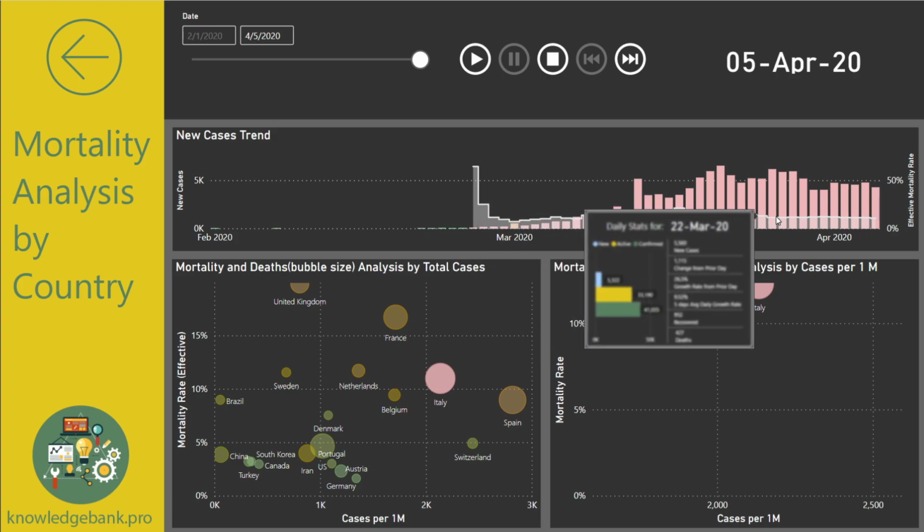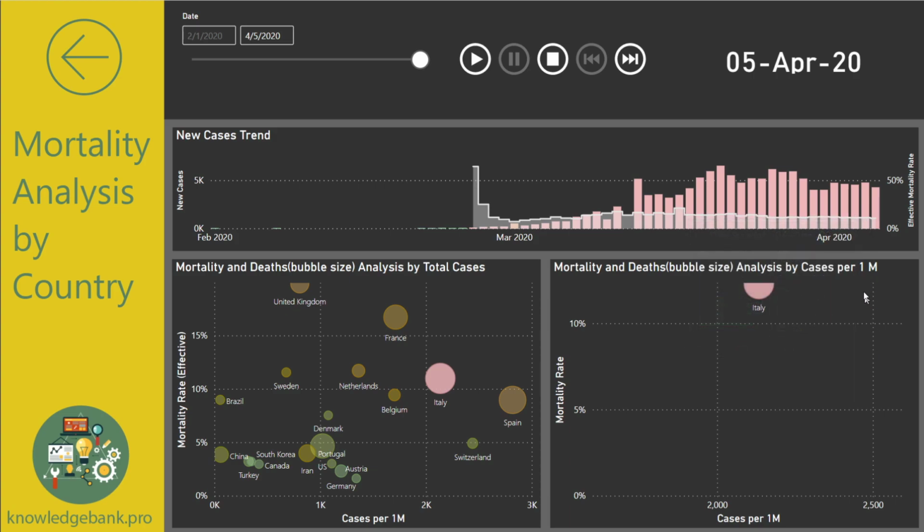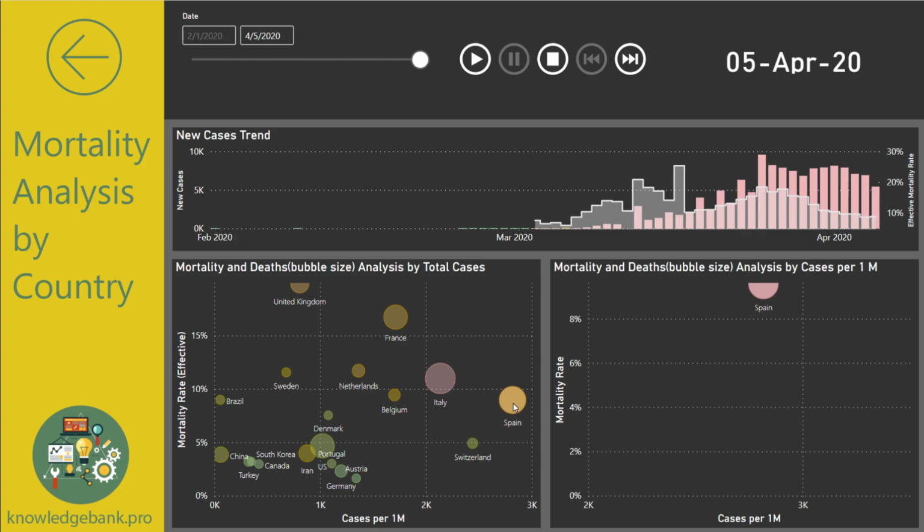You would expect effective mortality to go down now that the cases are coming down, and we can assume that the country has set itself up much better to react and treat the disease, but we're not seeing mortality go down by much. So I think that's interesting about Italy.